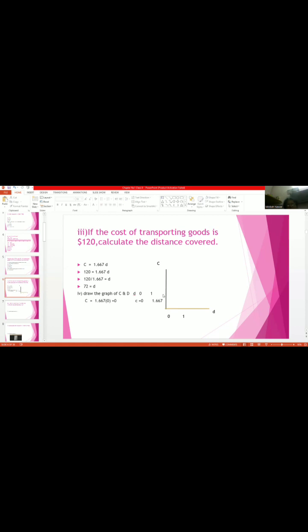So the first point I take from the origin, and the second point on the horizontal line where the value of D is equal to 1. Here the value of C is equal to 1.667. The other point is here. So I have to draw it for you. Just give me 1 second.